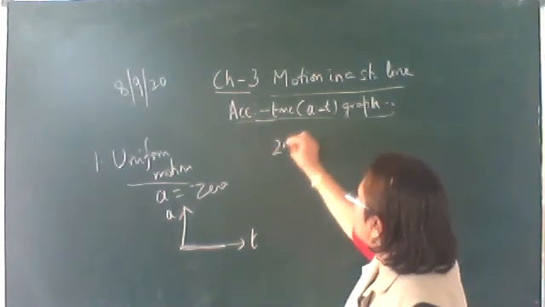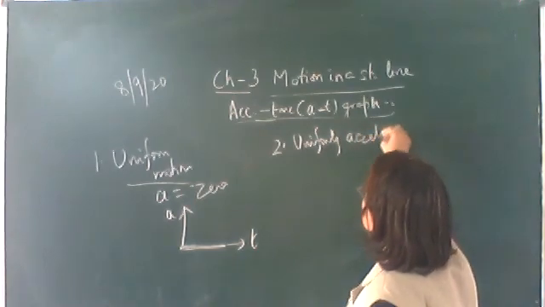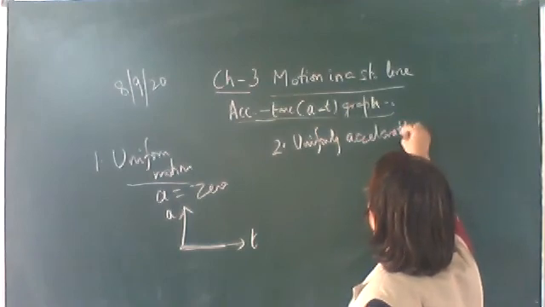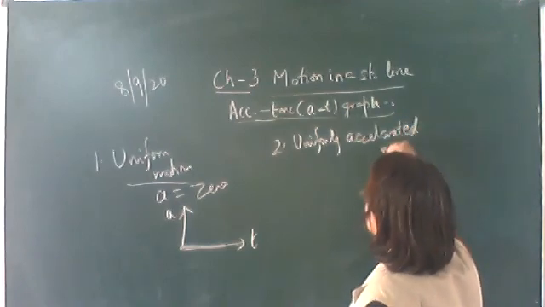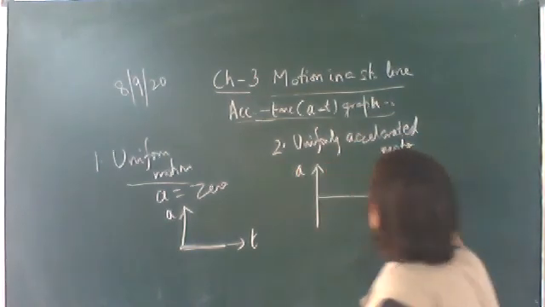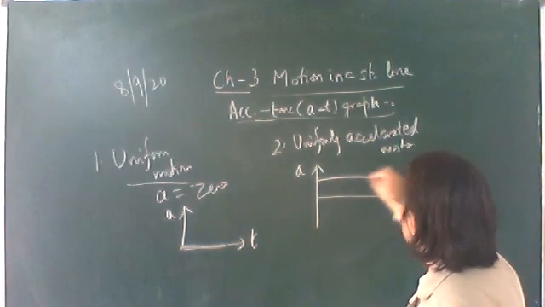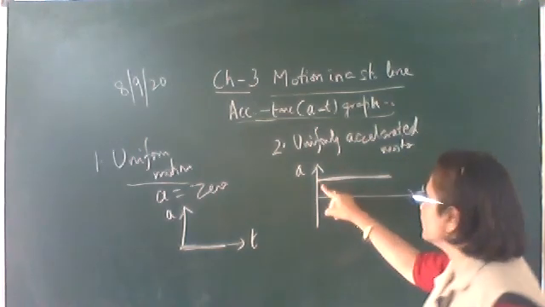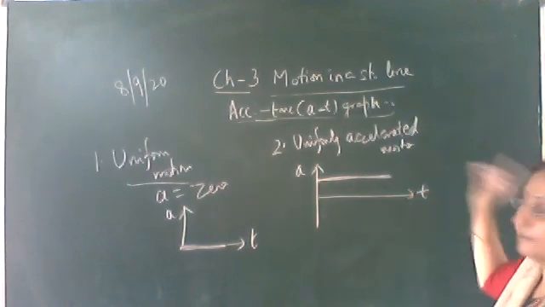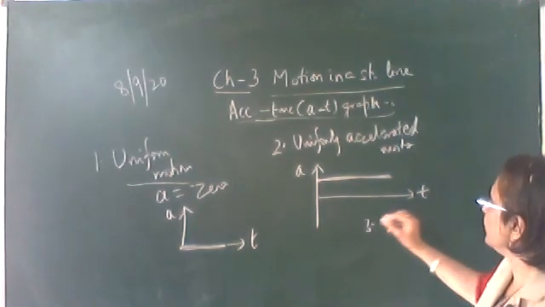For uniformly accelerated motion, acceleration is positive and constant, a straight line parallel to the time axis. If it is moving with 2 meters per second squared acceleration, with time the acceleration is not changing.